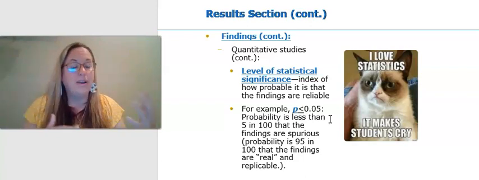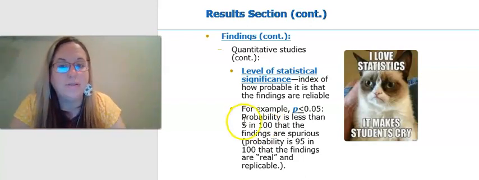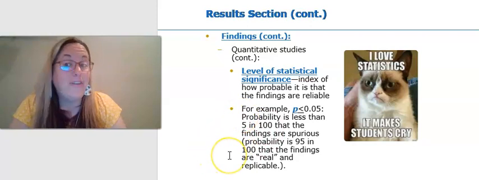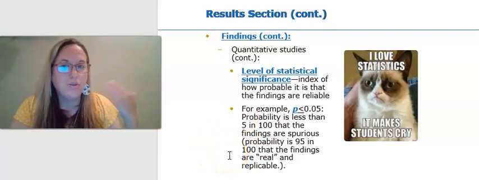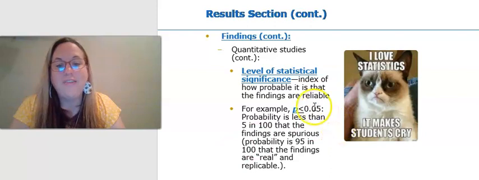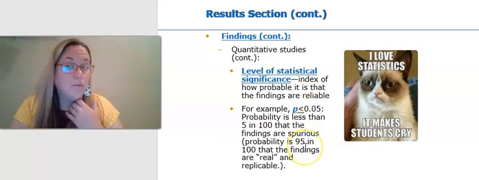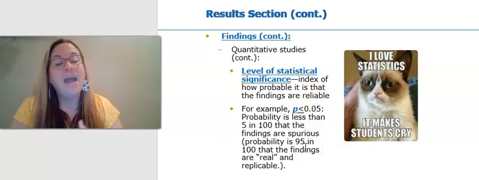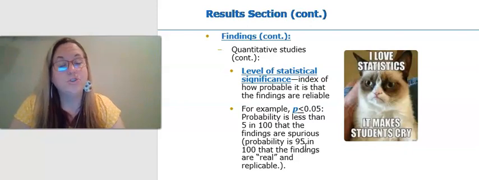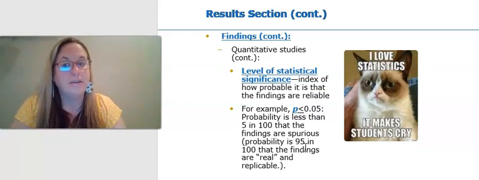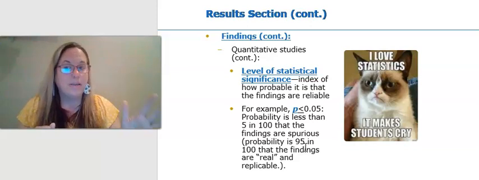It would be a different kind of non-statistically significant result. So that means I'm 95% sure. This is another way to think about this. I'm 95% confident in the results that I got from this study. And for the most part, researchers are okay with 95% confidence and a 5% error rate.